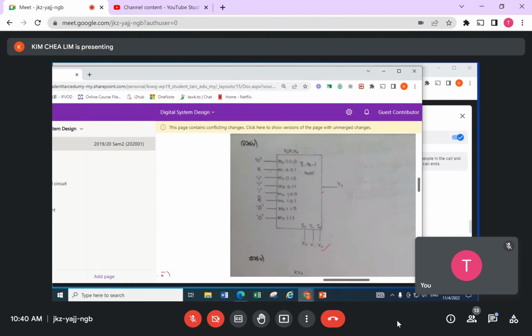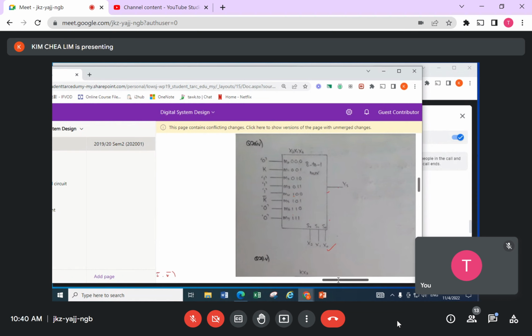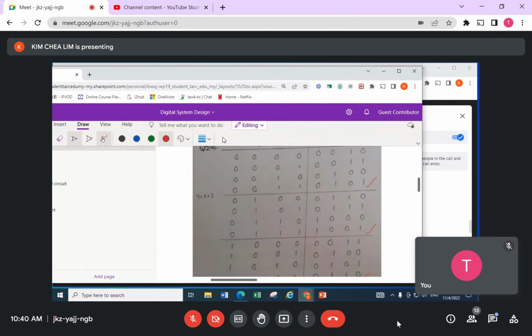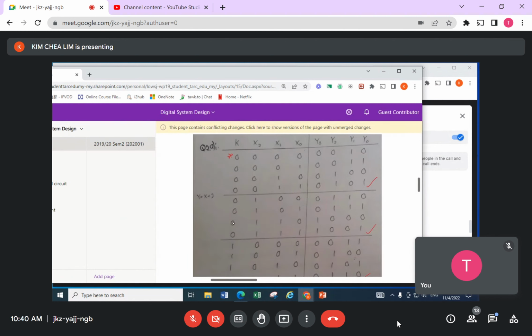For this case, what we need to check is, I go back to the truth table. You all jot down for me. What I need to check is the first line. Because these are my 3 inputs for the selector, they must be in the same conditions.